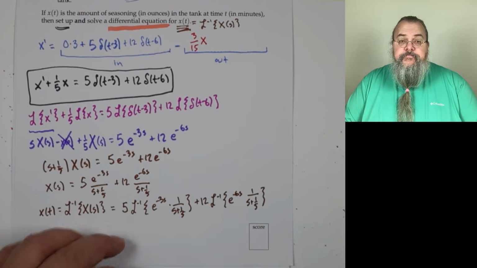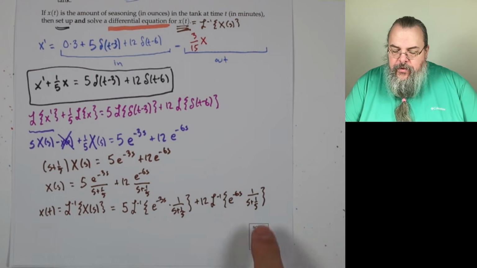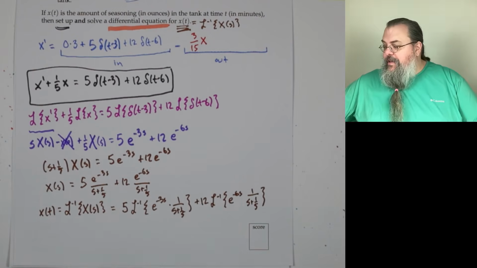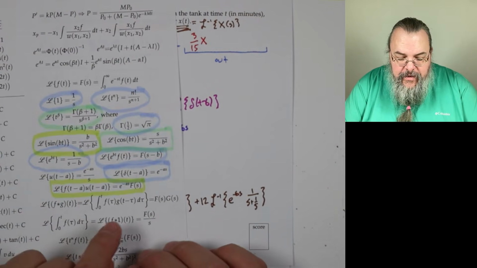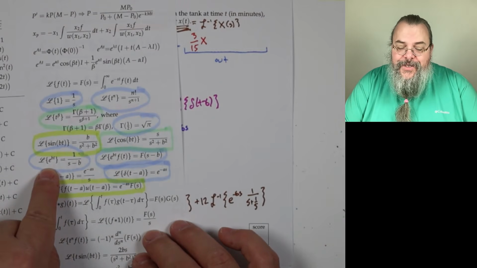Now, here's the thing. Do we know what the inverse Laplace of just 1 over s plus a fifth is? Yes, we've mentioned it before, and that comes back to here. It looks like an exponential function.